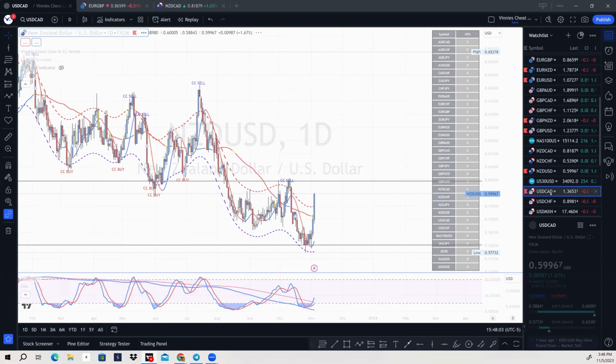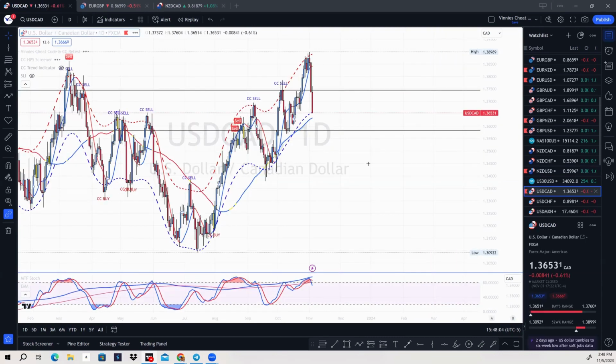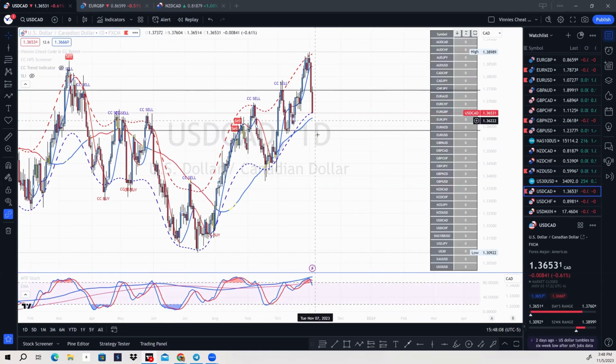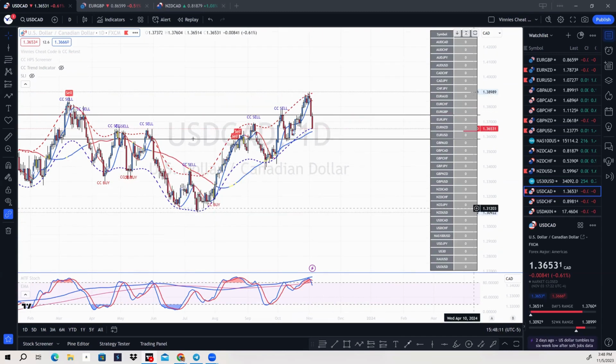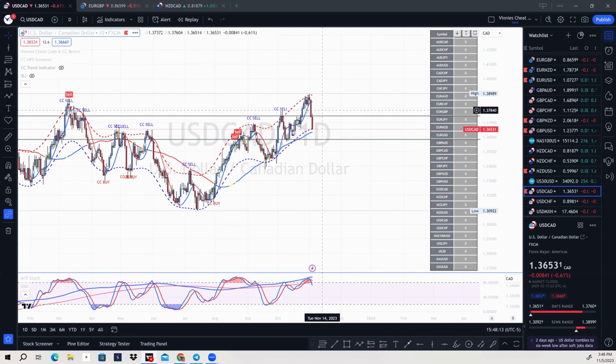Let's do USD CAD. Since the dollar is dropping, I am expecting USD CAD to go lower. It is bullish at this current moment, but we have some strong bearish candles. I am looking for price to do something like this: continue down lower, break this previous demand area, pull back to continue lower on USD CAD.